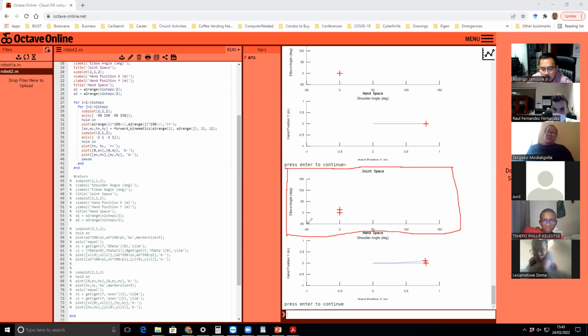In this case, this is the theta 1 axis and theta 2 axis. We don't include the time here, just the values of the angle. Now here, this is the hand space. This is hand position X and hand position Y.